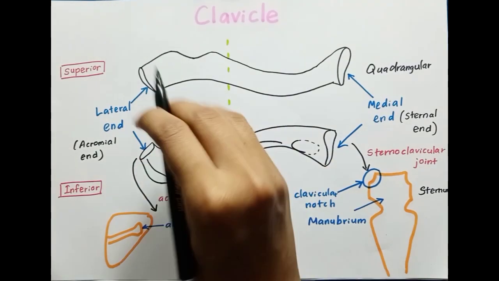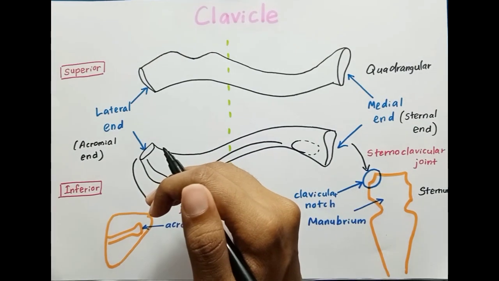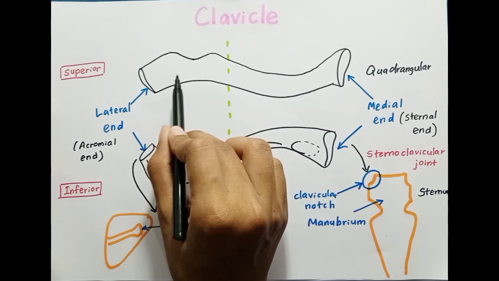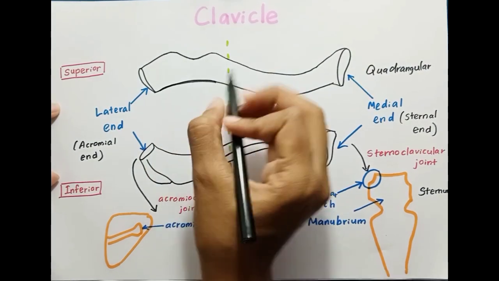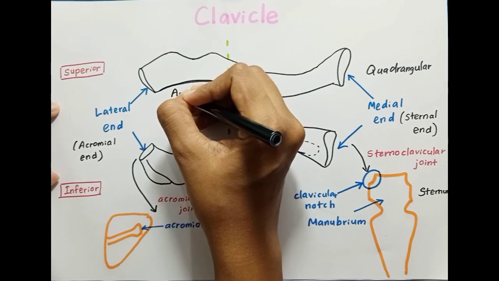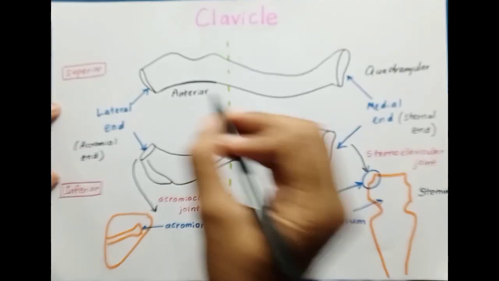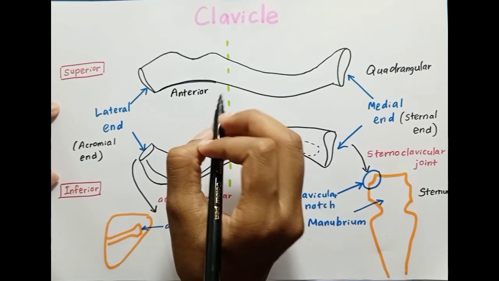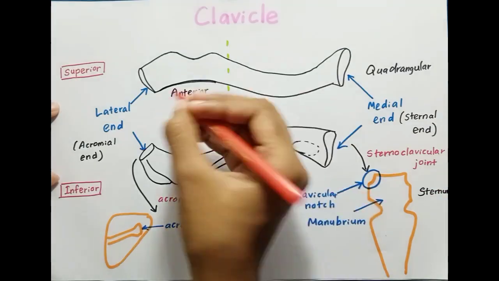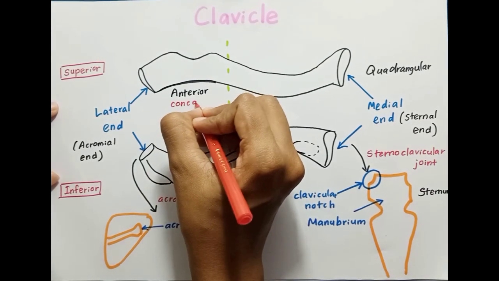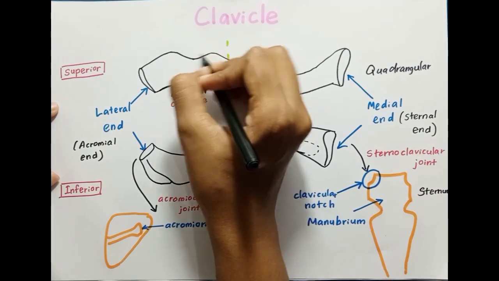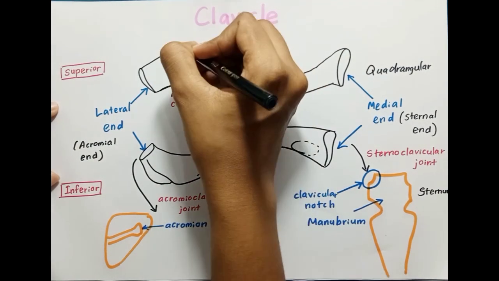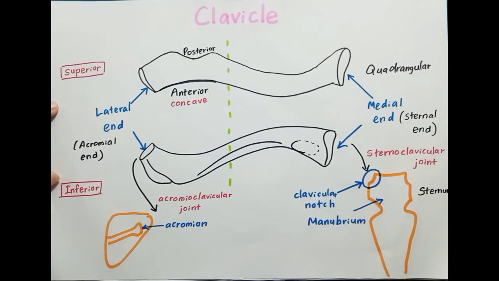This part is flattened from above downwards. And as this is superior view, this surface is anterior, that means the front side. So it is concave forward. This surface is concave forward and this posterior or the back side is convex forward.